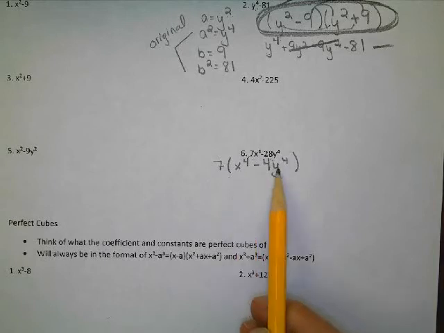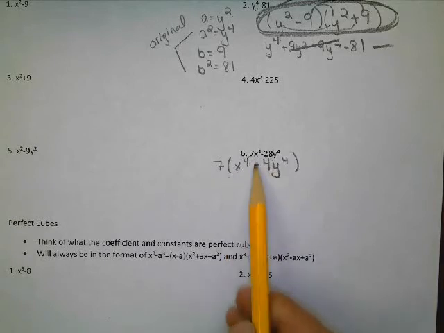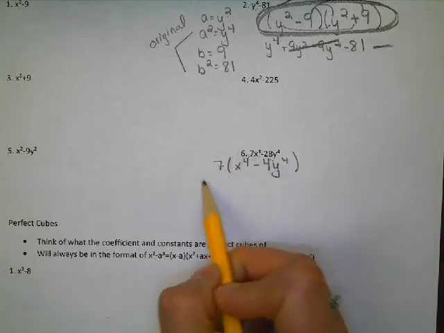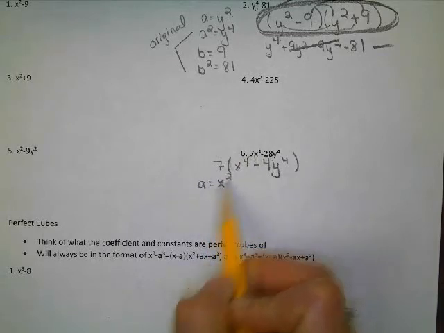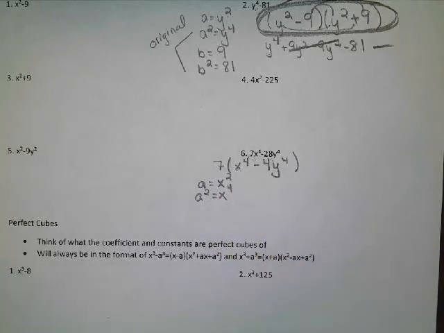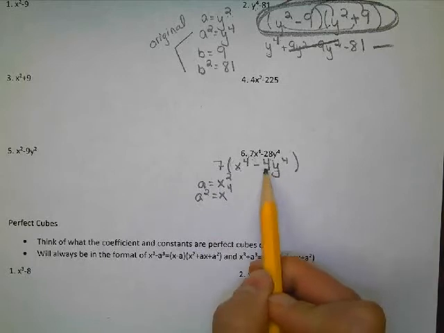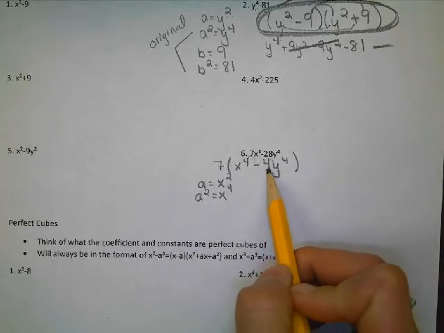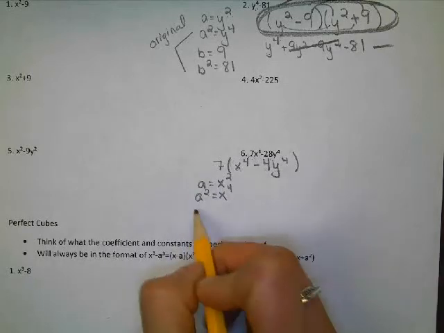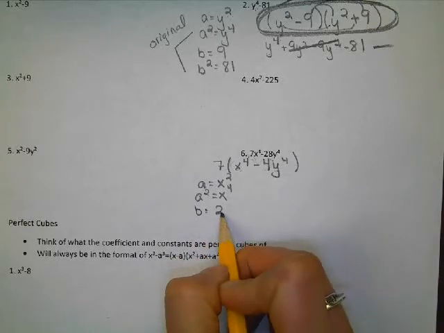But first I need to focus on this right here. My first part, x to the 4th, I know that that's just x squared. And so then if I square that, hopefully that gives me x to the 4th, which it does. This b part, the second part's a little trickier because I have this 4 out front. But I know 4 is a perfect square of the number 2.